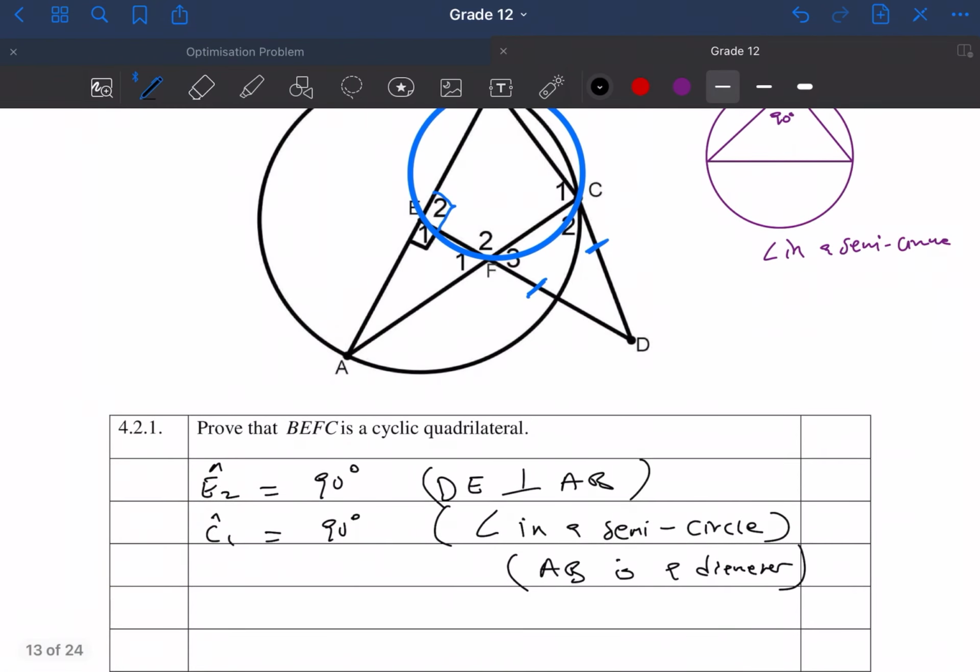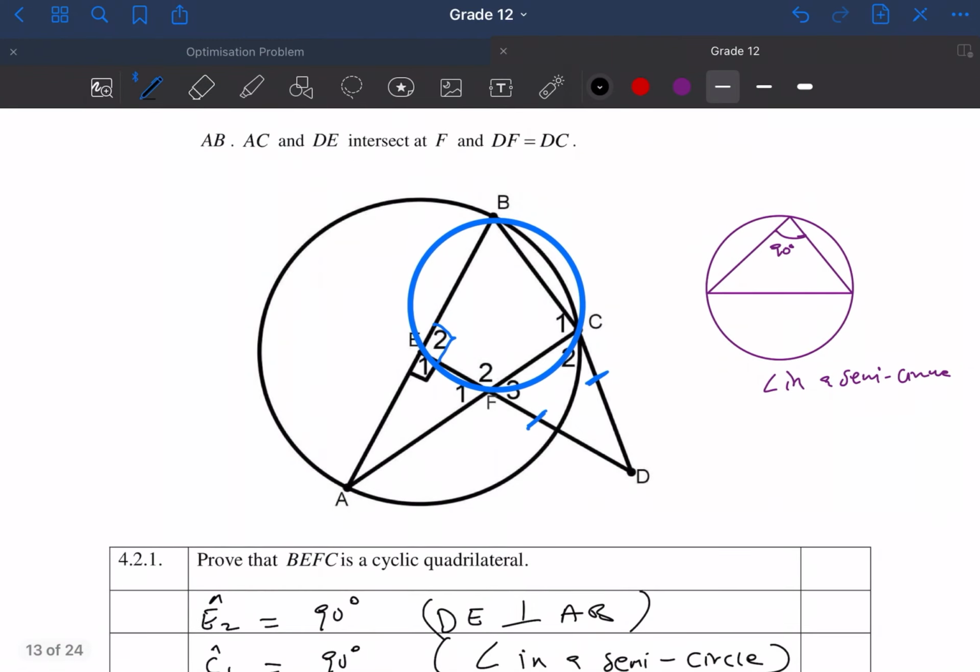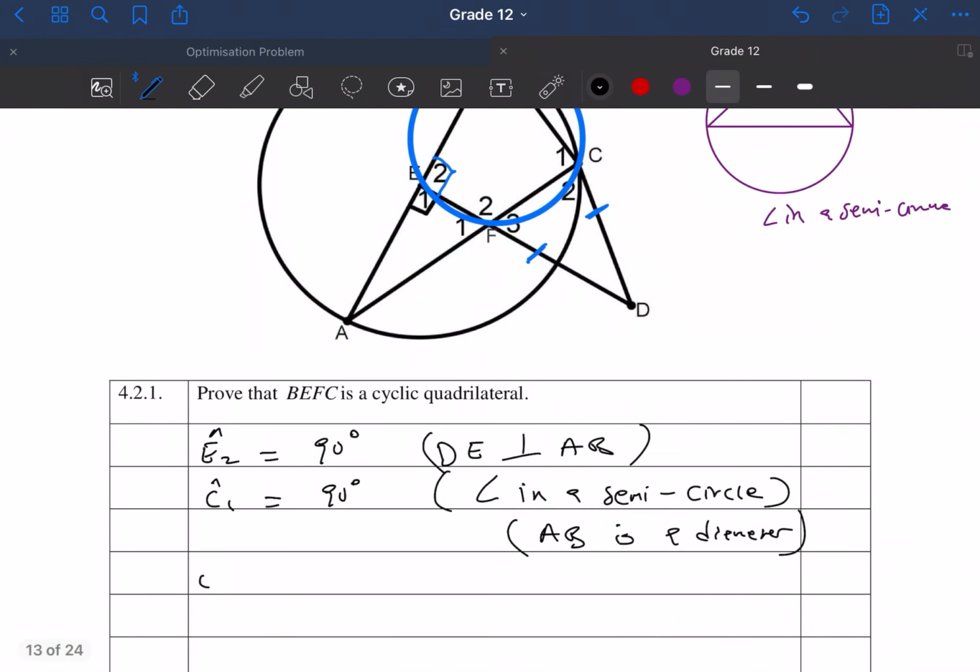So now if you add angle C2 plus angle C1, they give you 180 degrees. Therefore, angle C1 and angle C2 are supplementary angles.